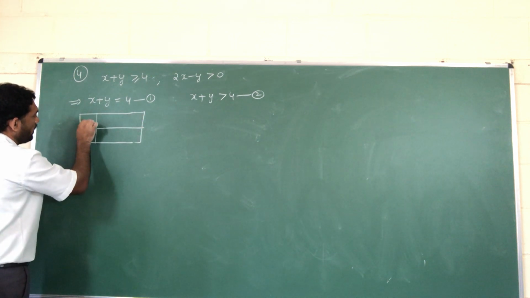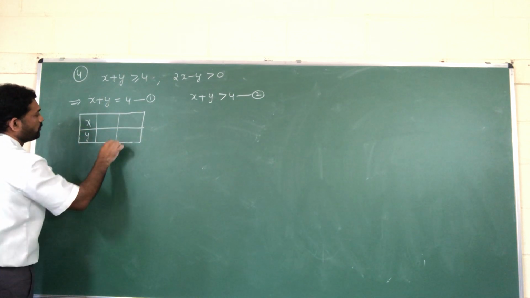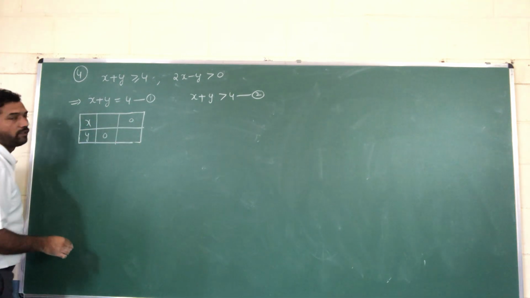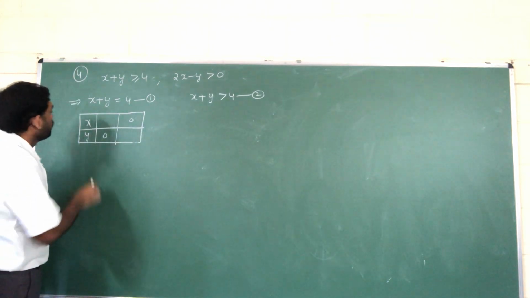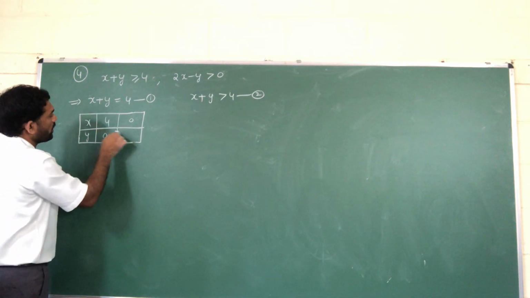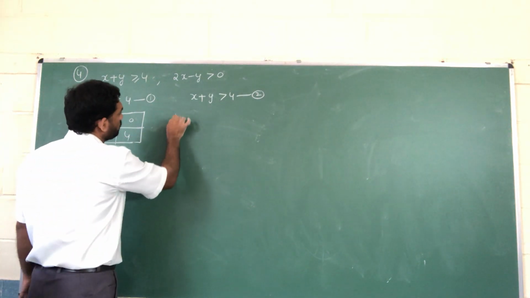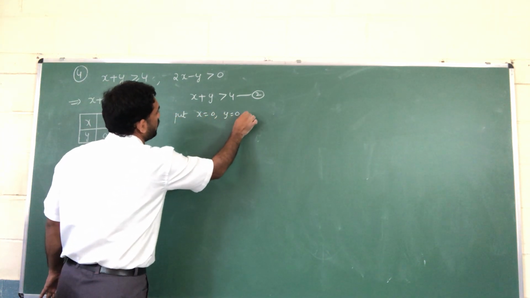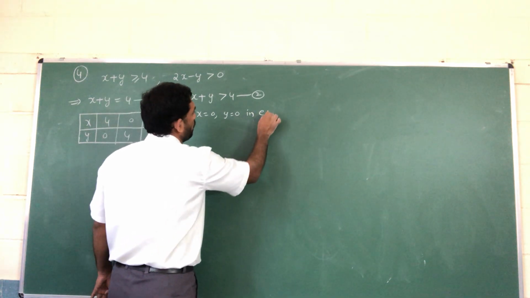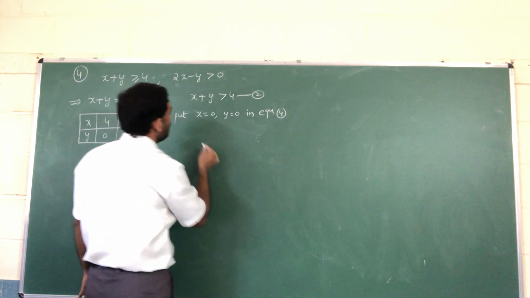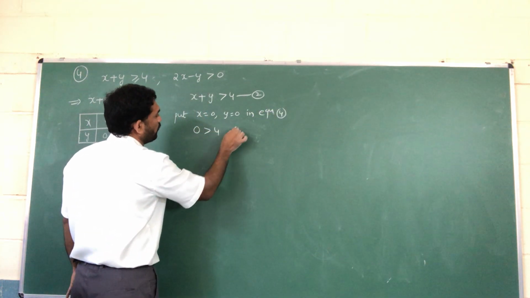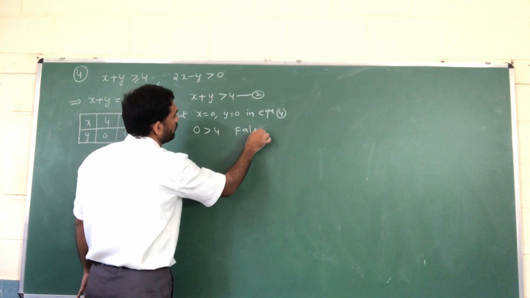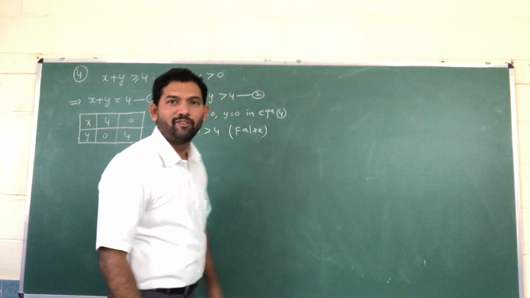So x equal to 0 means y is 4, y equal to 0 means x is 4. Put x equal to 0, y equal to 0 in equation number 2. What happens? 0 greater than 4. It is false always.